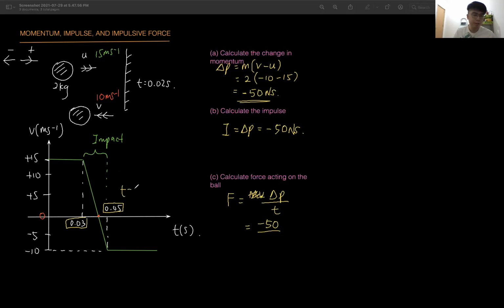So time equals 0.02. This is the impact time. So divided by 0.02, negative 2,500 Newton. This is the force acting on the ball.